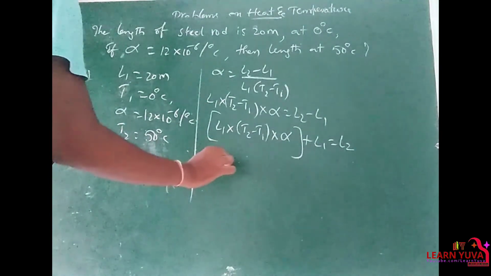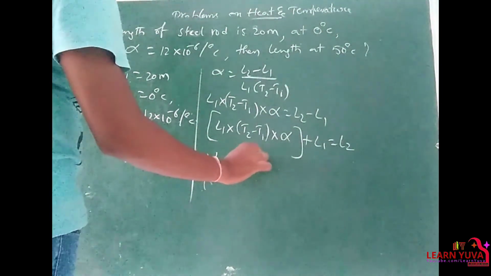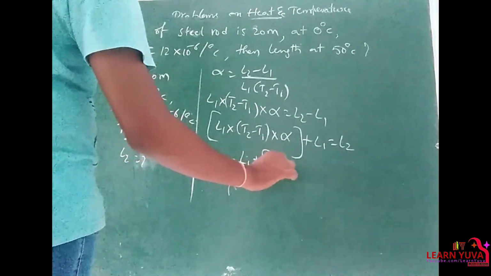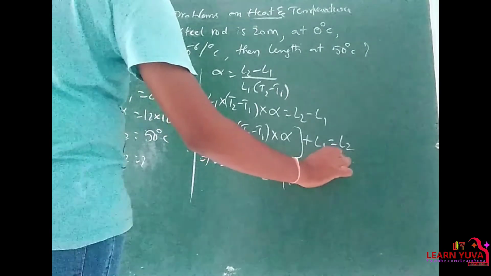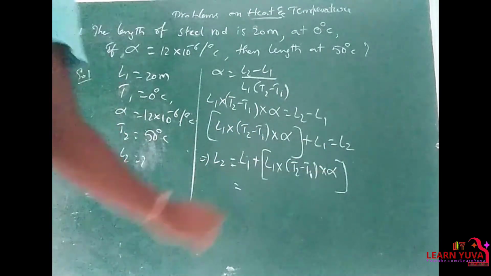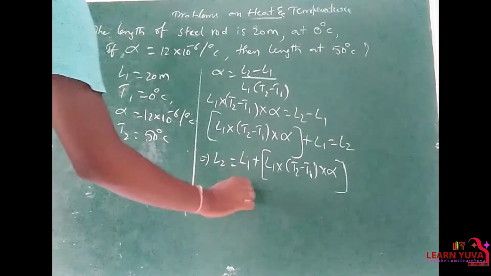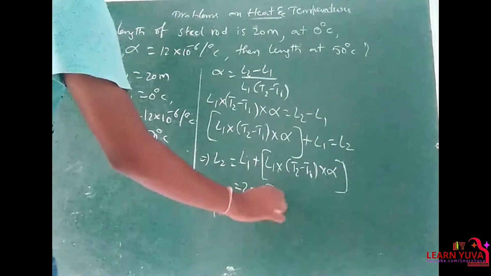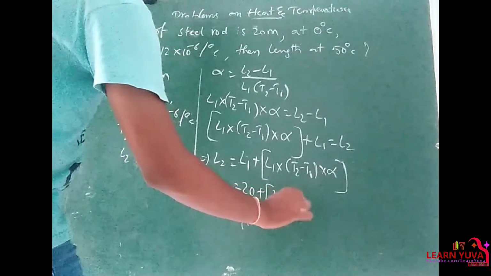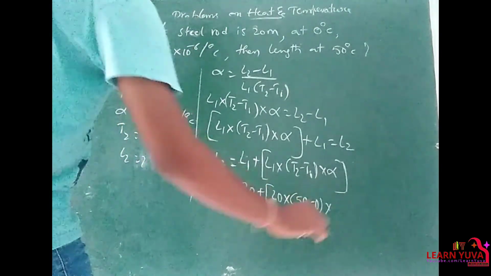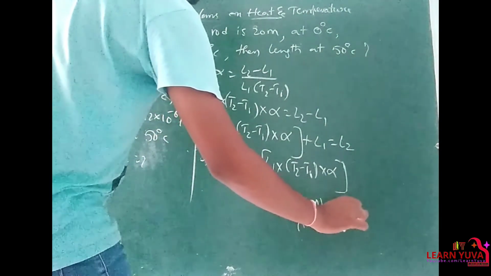That implies L2 is equal to L1 plus L1 into T2 minus T1 into alpha. Substitute the values now: 20 plus 20 into T2 minus T1, 50 minus 0, into alpha, 12 into 10 power minus 6.